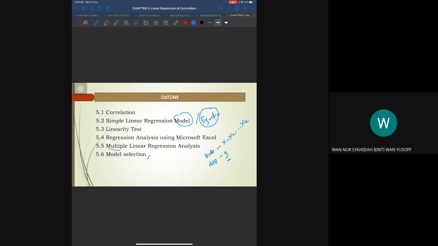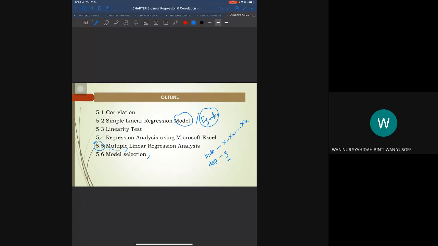But for multiple linear regression, there is nothing that we have to calculate manually. Everything we just read from the output, so it is very crucial in terms of how to interpret the output. Everything must be from the output.